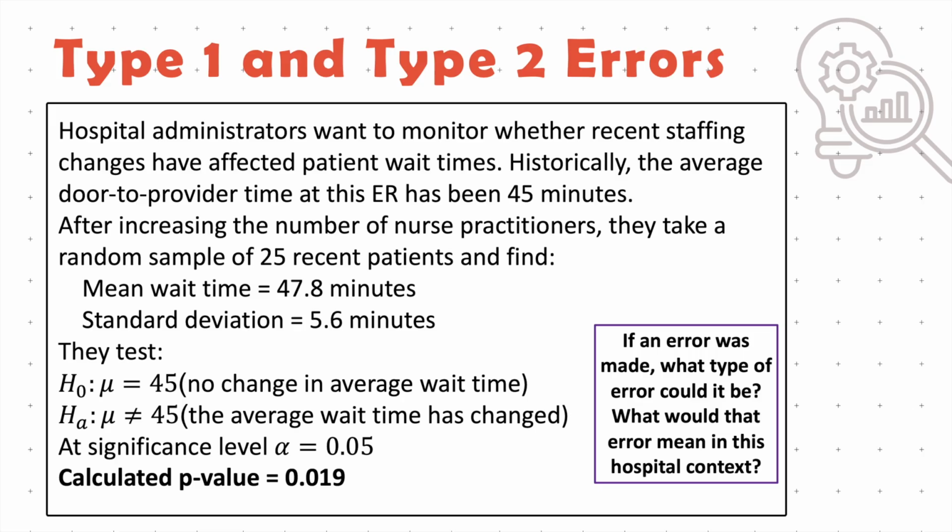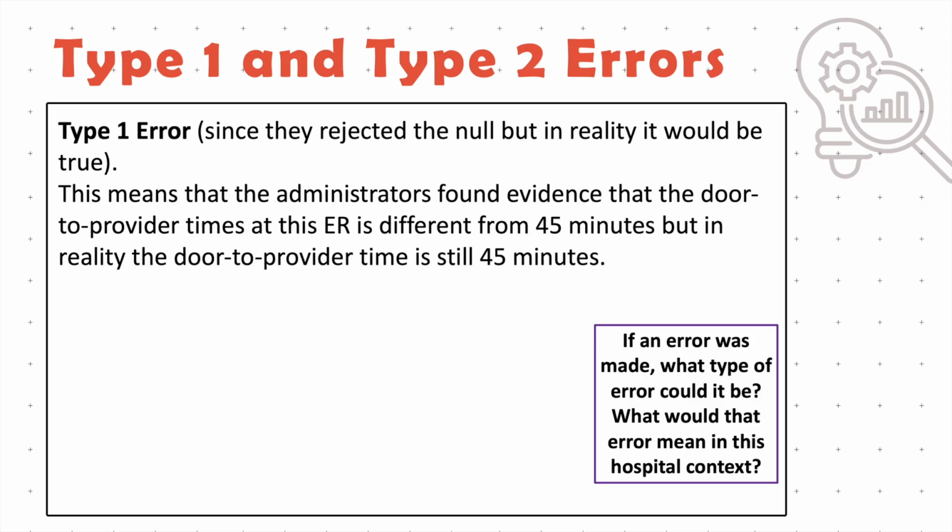If an error was made, this would be a type 1 error. This is happening when we reject the null, but in reality the null would be true. So what would that mean in context here? This would say that the administrators found evidence that the door-to-provider times at this ER is different from 45 minutes, but in reality, it really is still 45 minutes.